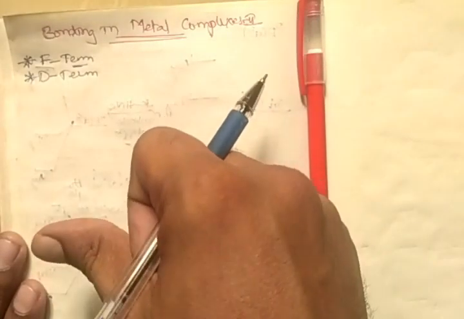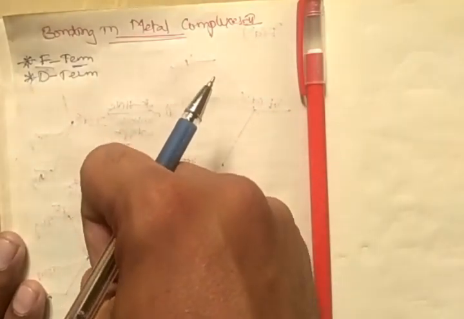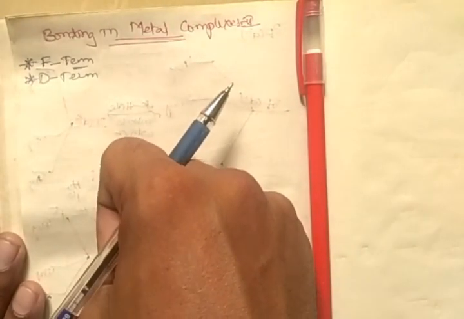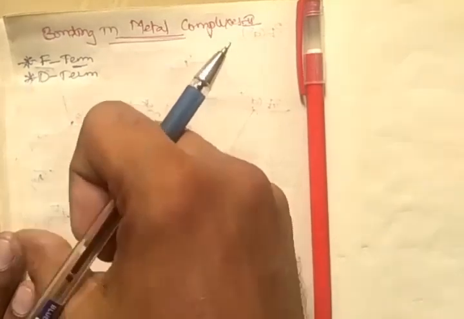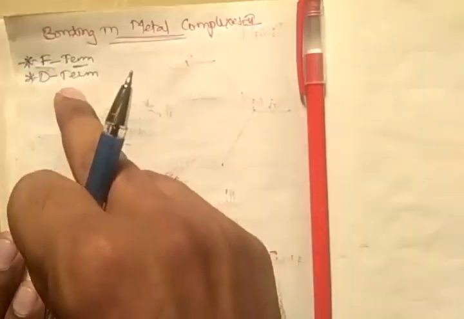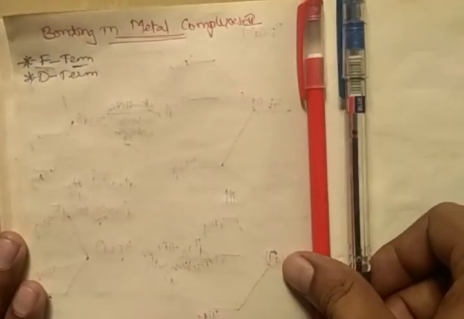Again, I will briefly cover the crystal field effect on the D term, because the splitting patterns of the F term and D term are summarized in the Orgel diagram. So a brief recap of the crystal field effect on the D term and F term may help for the next topic.